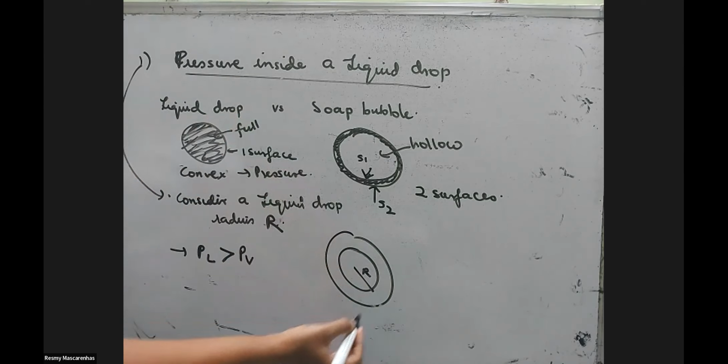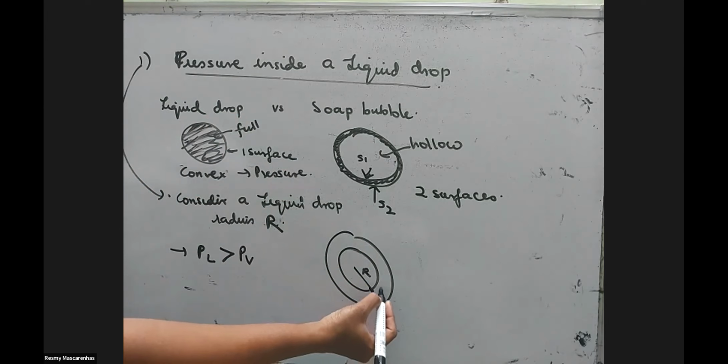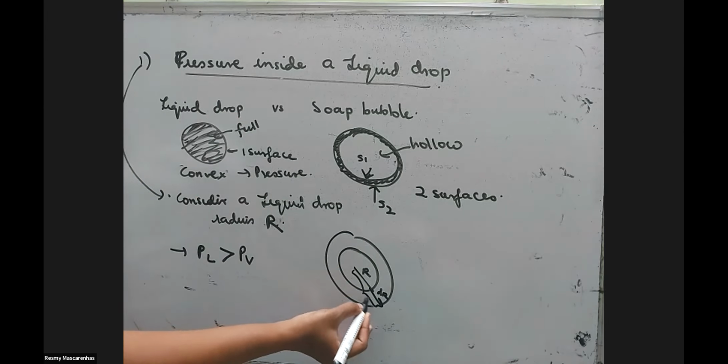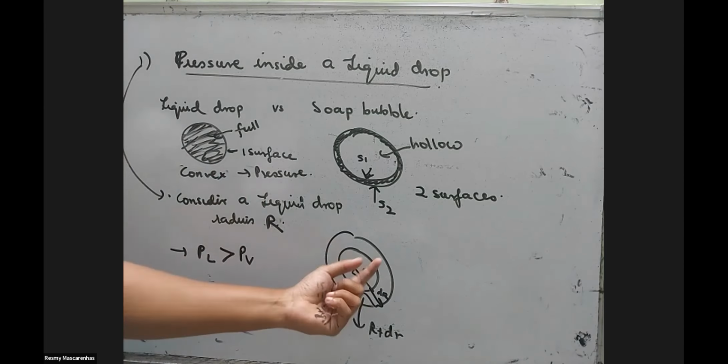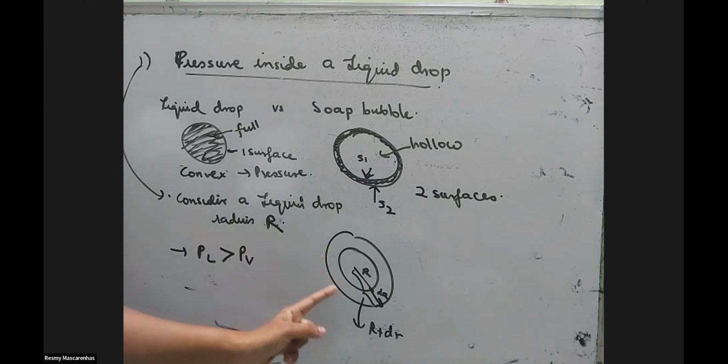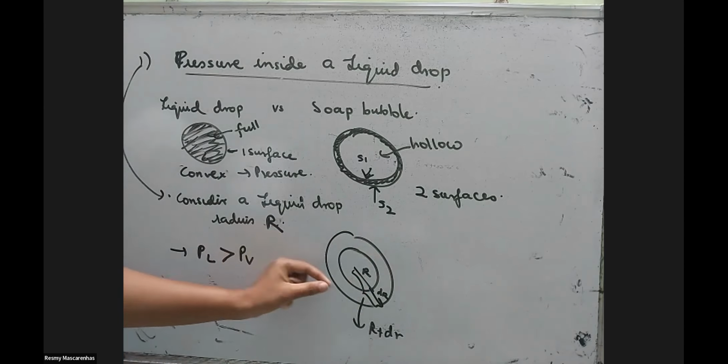Consider it has increased its radius by a small distance dr, so the total will be R plus dr. Originally the drop was this much, but because of the pressure it has expanded slightly.